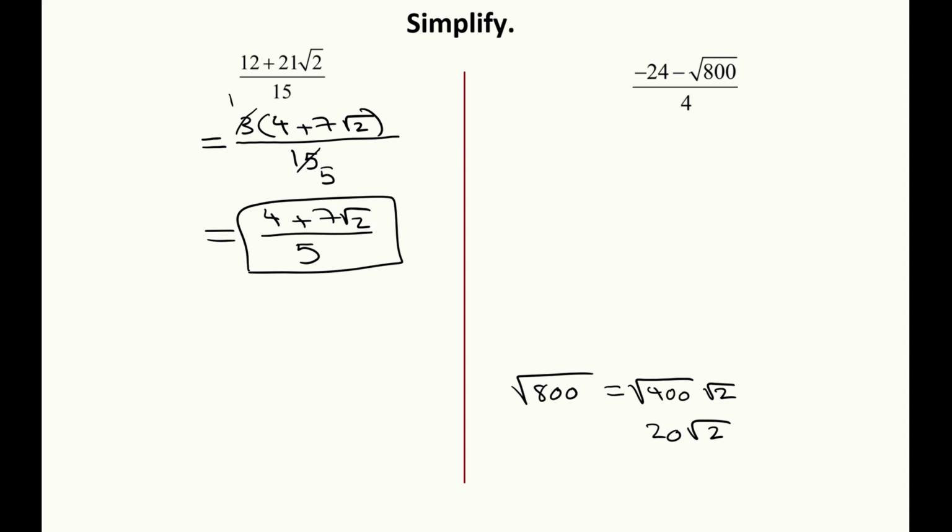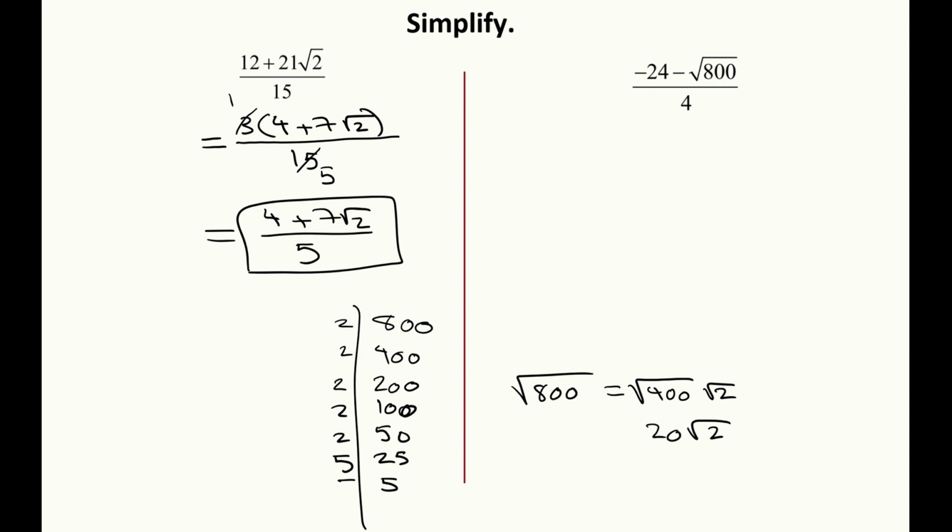Or if you aren't that comfortable with numbers to realize that, you can always do the prime factorization of 800, which gives us 2 and 400, 2 and 200, 2 and 100, 2 and 50, 2 and 25, 5, 5, and finally 5, 1. So we can see there's a perfect square, there's another one, and there's another one.